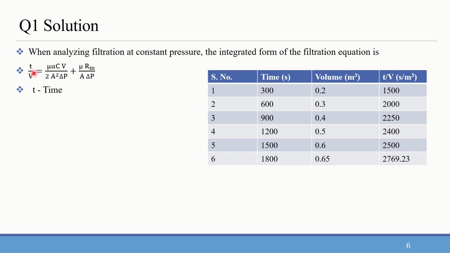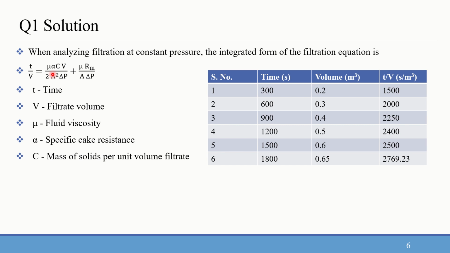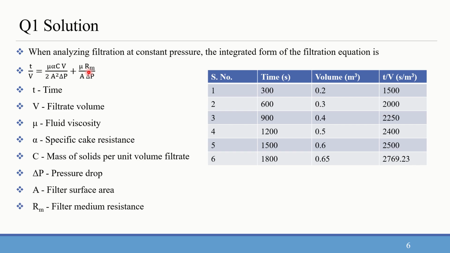Here t is the time and V is the volume of the filtrate, mu is the fluid viscosity, alpha is the specific cake resistance, C is the mass of solids per unit volume of the filtrate, delta P is the pressure drop, A is the filter surface area, and Rm is the filter medium resistance.